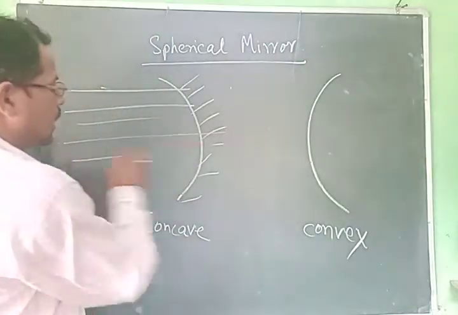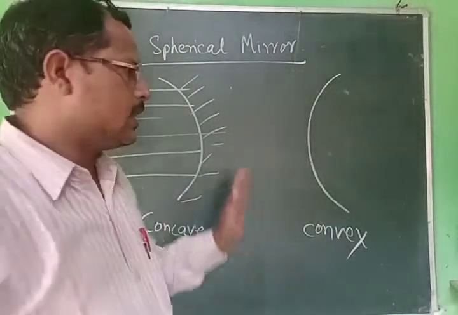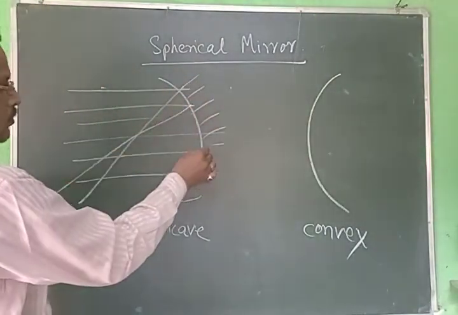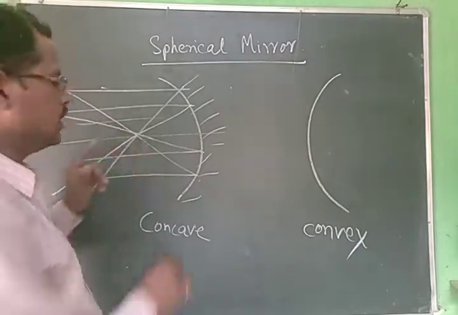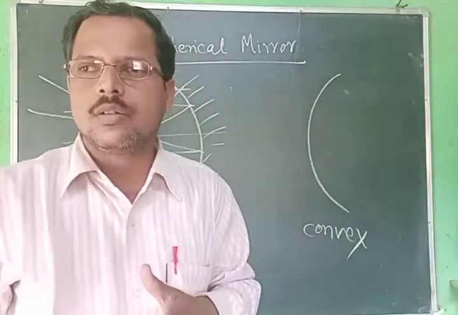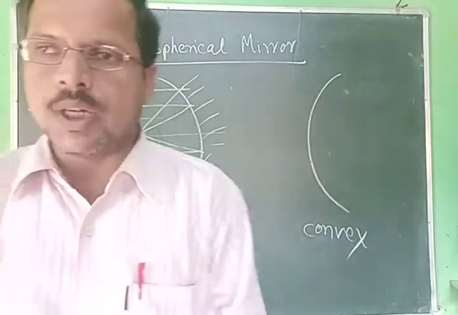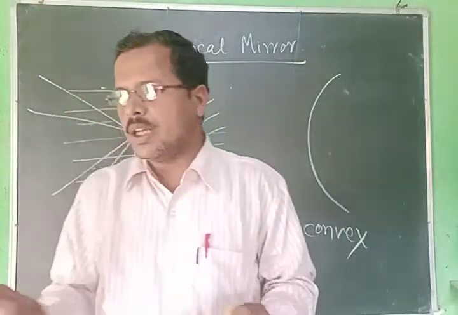So when a parallel beam of rays falls on the reflecting surface, they get converged to a point, which is called the principal focus of the concave mirror. So we have two types of spherical mirrors: the concave spherical mirror and the convex spherical mirror.